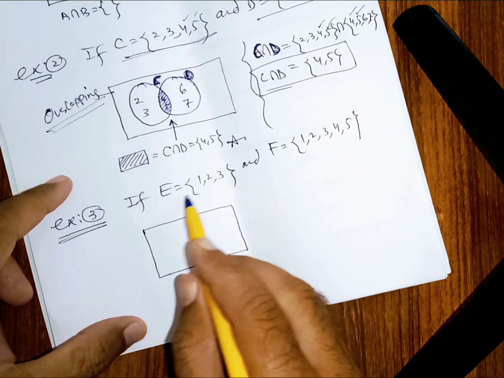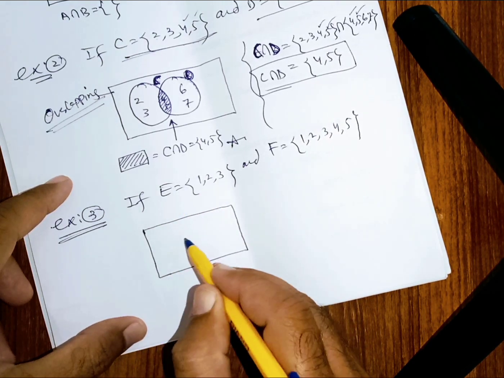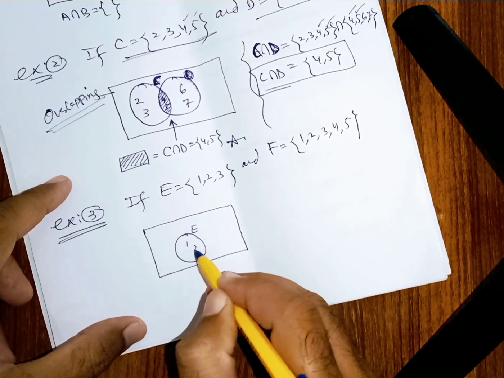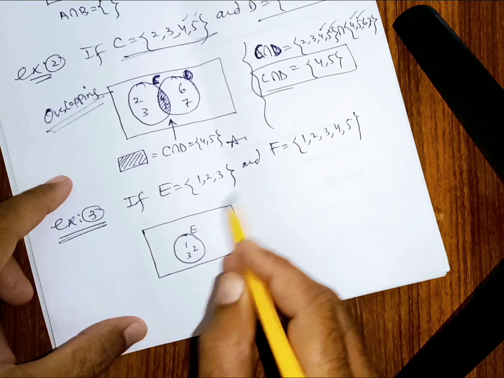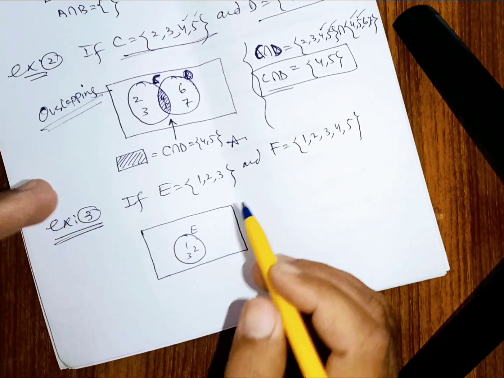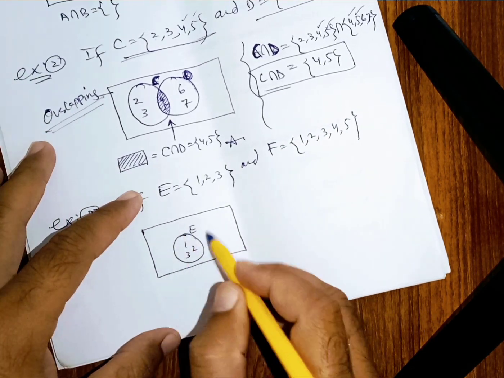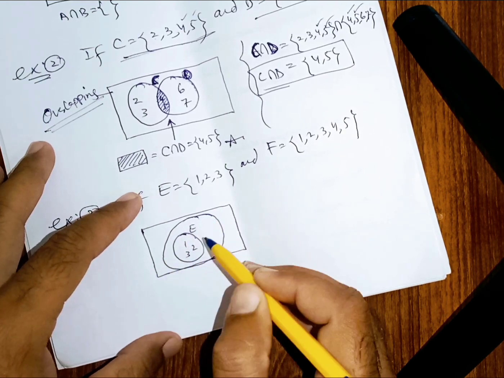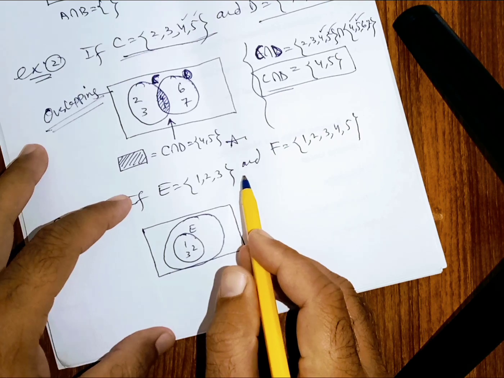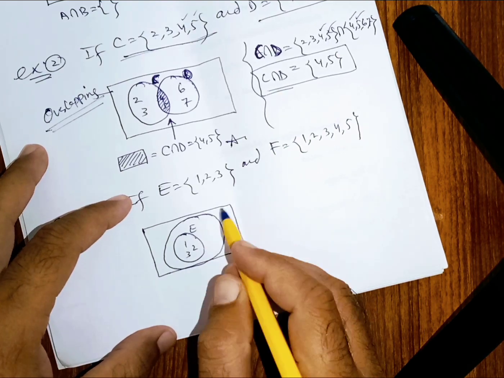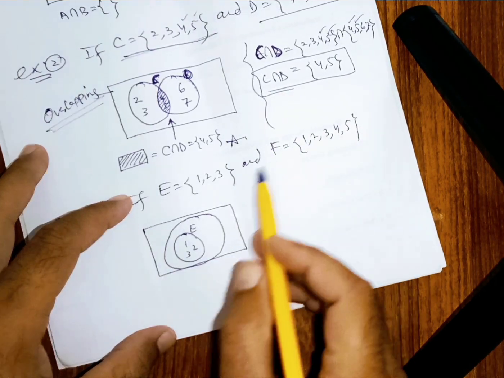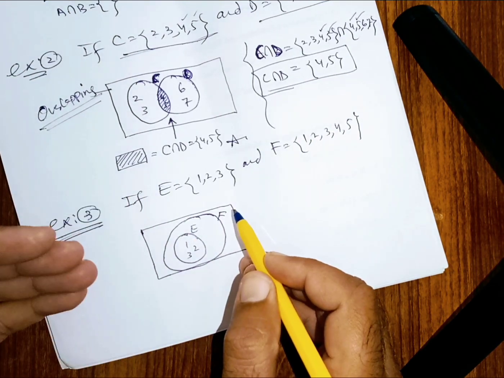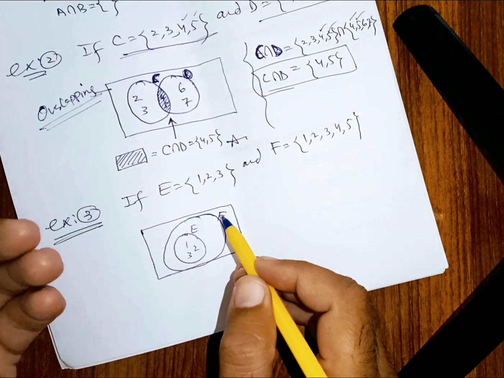Then we will draw our smaller set, which is E. This one is E, so E has 1 2 3 in it, and then we have F. F is the bigger one, but F contains E. That means this whole E is inside F, and F is bigger than E. So what will we write? We will not write 1 2 3 again in F, because when E is inside F, that means 1 2 3 are also present in F.